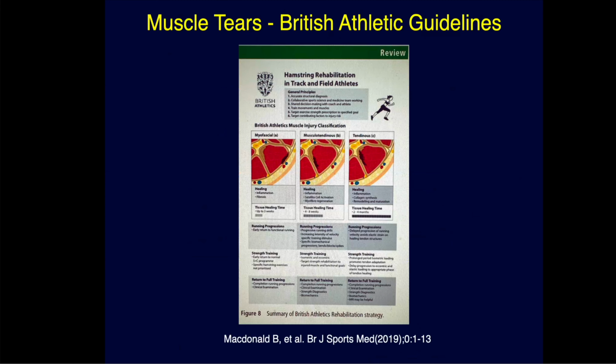So then other people took up the gauntlet here, and the British came back into this with the British Athletic Guidelines. And what they said is that there are three things that you should look for in terms of return to play. One is if the injury is predominantly on the peripheral portion of the muscle, as we see here, in which case it's basically 2 to 3 weeks to return to play.